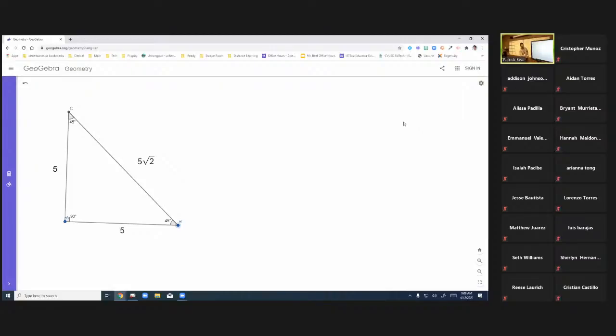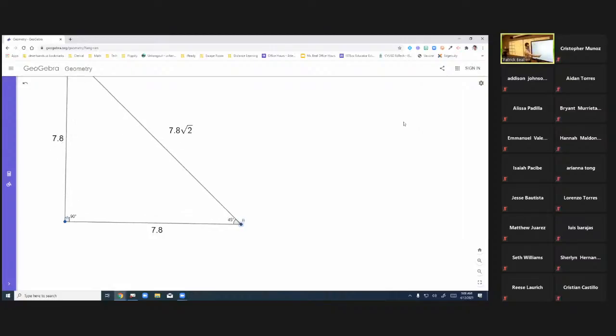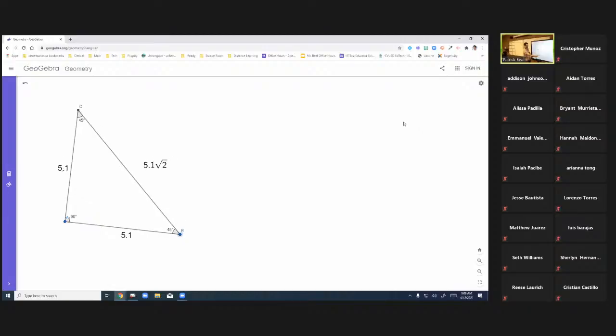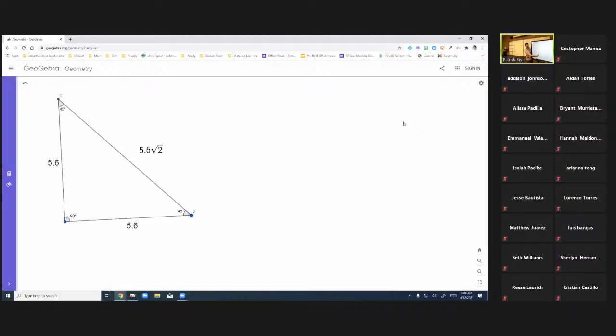So without having to write it down, just watch the number on the leg, the numbers on the legs, and this number in front of the square root of 2. You notice that they're always exactly the same.